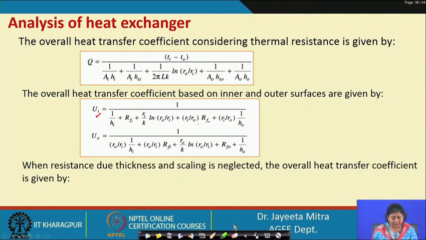So, when resistance due to thickness and scaling is neglected, the overall heat transfer coefficient is given by this value, because resistance due to thickness and scaling both are neglected.